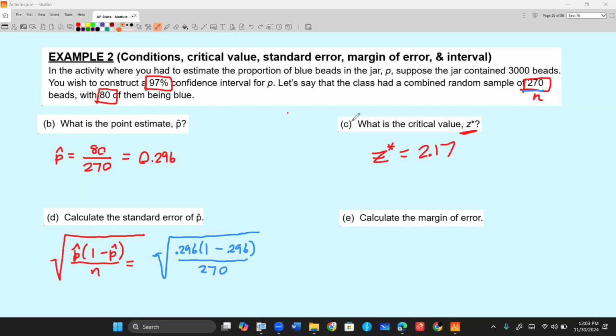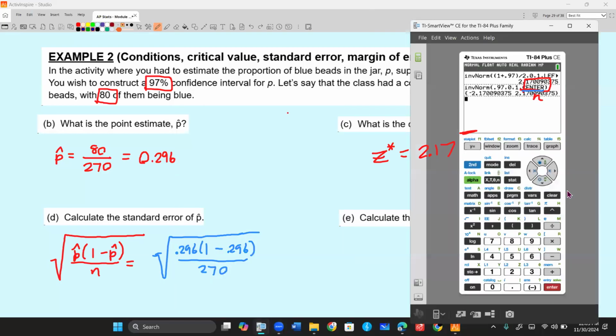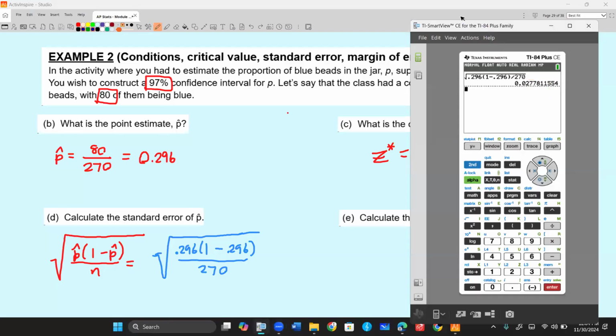Always show that work. We'll go into our calculator and see what you get, and we'll put it right over here. You will get about 0.02778. We'll round that to maybe 4 spots. 0.0278 is fine.